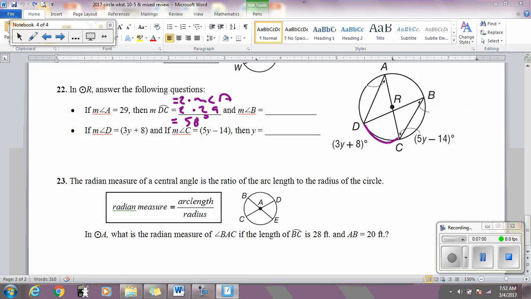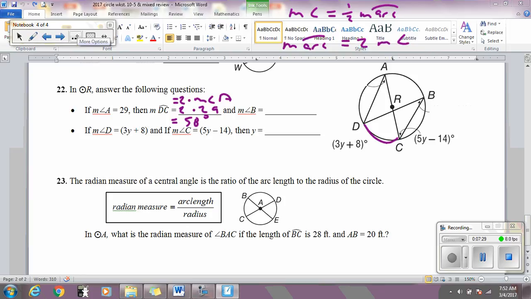Because if you don't remember, the measure of the angle is equal to half the measure of the arc, but the measure of the arc is equal to 2 times the measure of the angle. But this is for intercepted arcs and inscribed angles only.